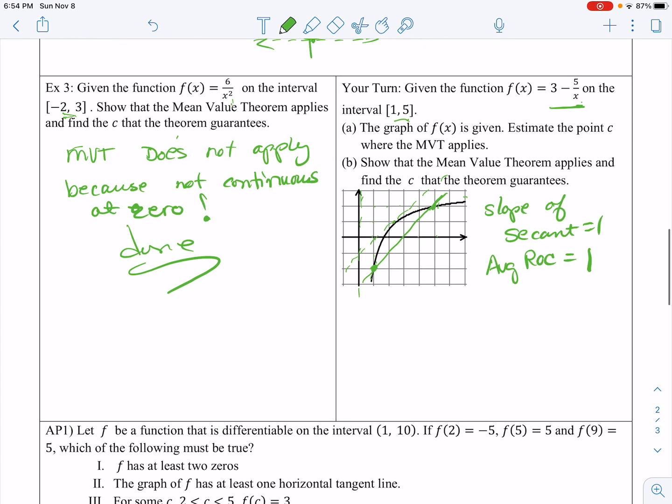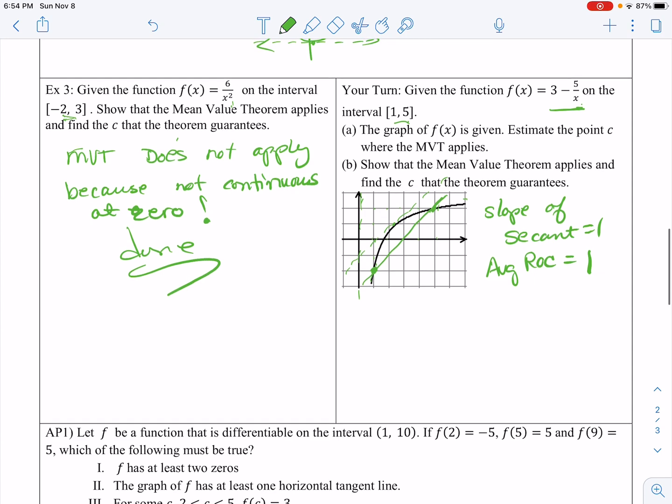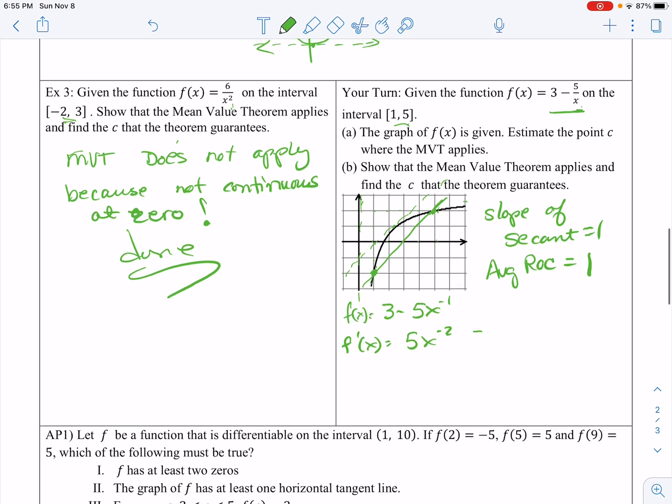You could find it. Find c. Okay. So let's see. So that's 3 minus 5x to the negative 1. So f prime is equal to 5x to the negative 2. And you set it equal to 0. 5 over x squared. What's wrong with that?